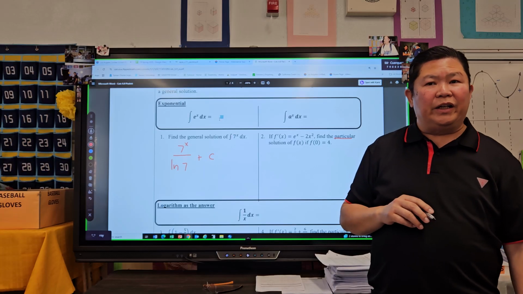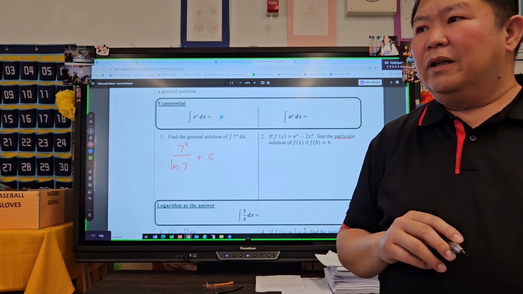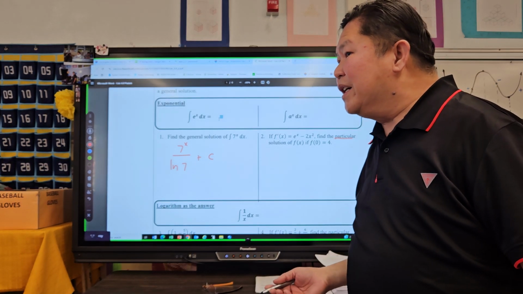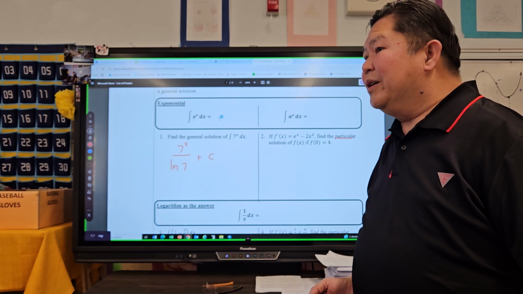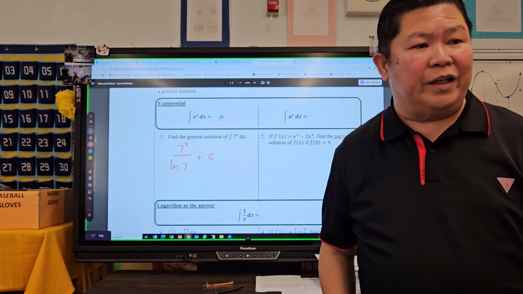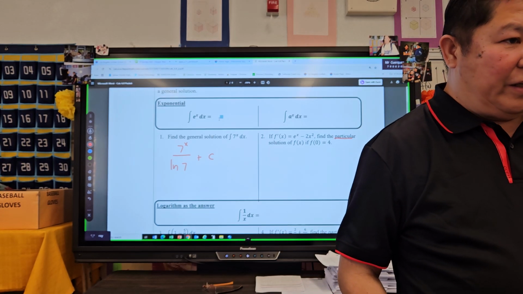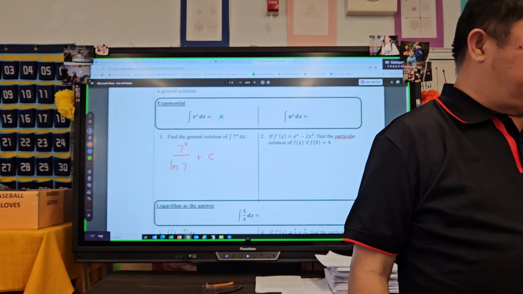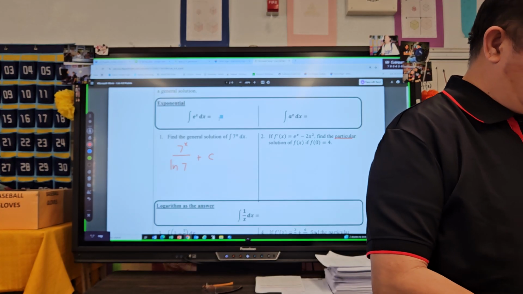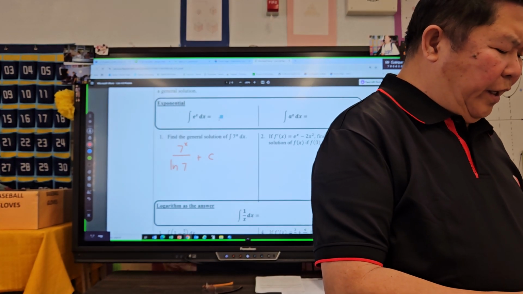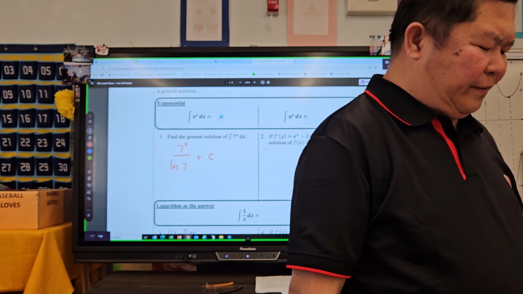Does it have a value of c? Yes or no? Yes, because our concern here is to solve for c, to make it a particular solution. Okay, guys? But what is asked?